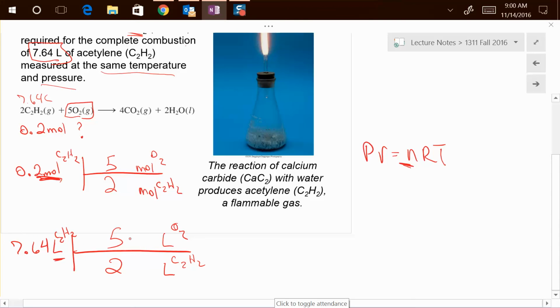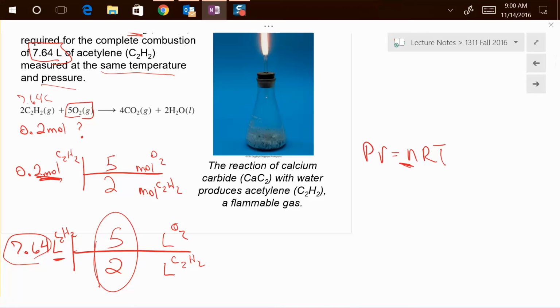In other words, if I knew the temperature and pressure, and I solved for the moles of this 7.64 liters, and then I calculated it back to the liters, then the relationships would be exactly the same. I could have figured it out either way. Okay, so you don't need to know what the moles are. If they give you the volume, you can figure out the volume needed.